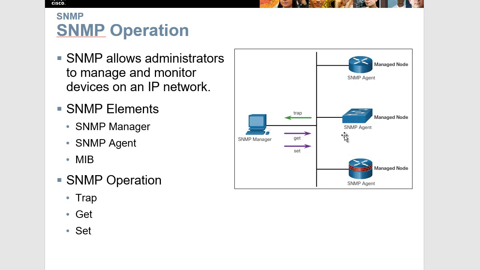The management information bases store data about the device and operational statistics and are meant to be available to authenticated remote users. The SNMP agent is responsible for providing access to the local management information base, or MIB.